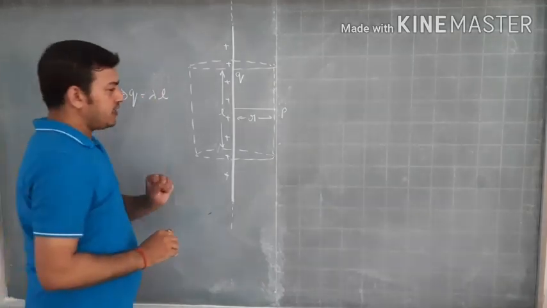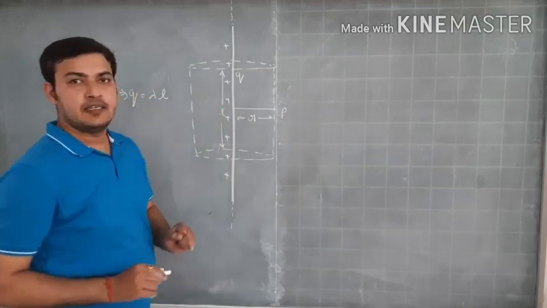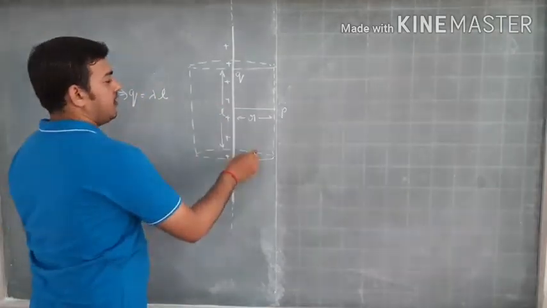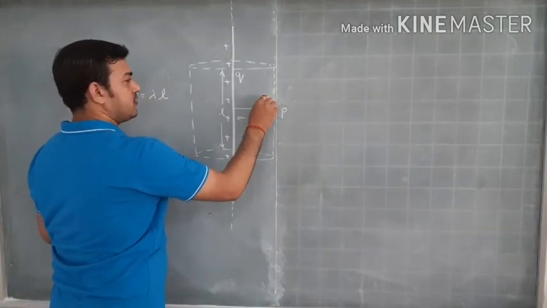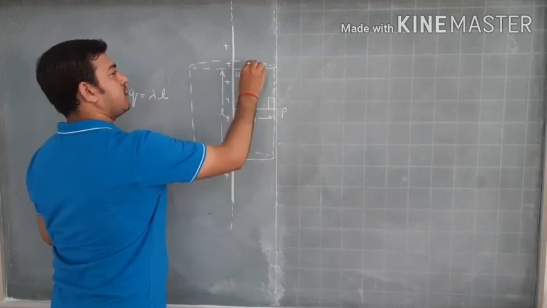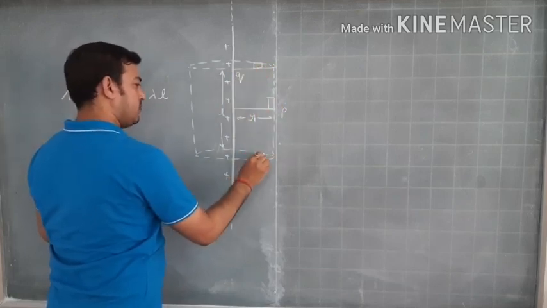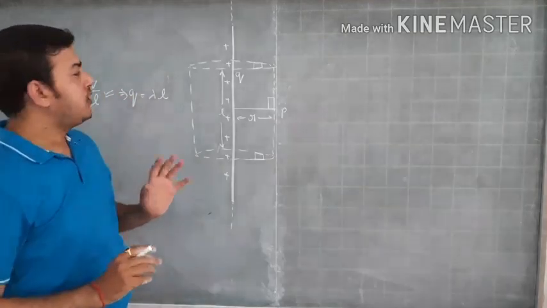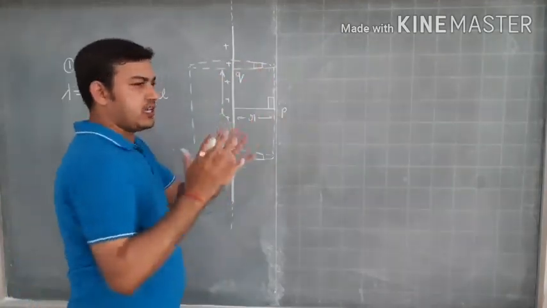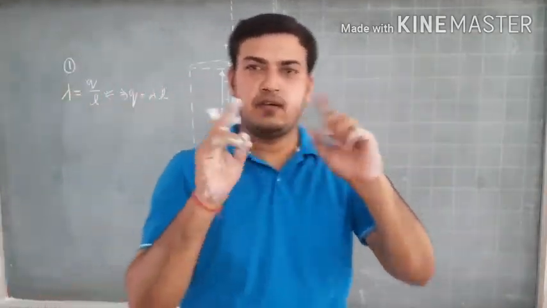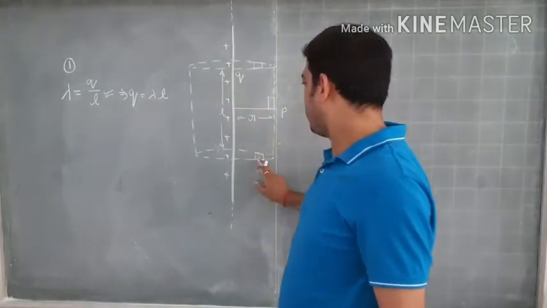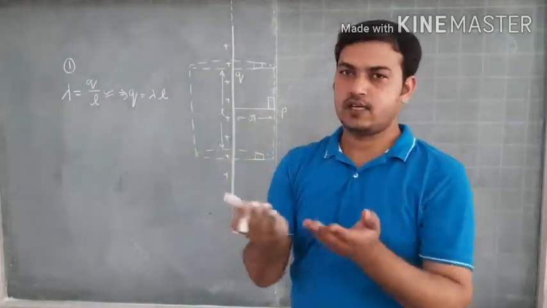Now as you can see, the electric flux may come out from the top circular surface and the bottom circular surface. So I will consider three sections: the upper circular section, the lower circular section and the curved section.